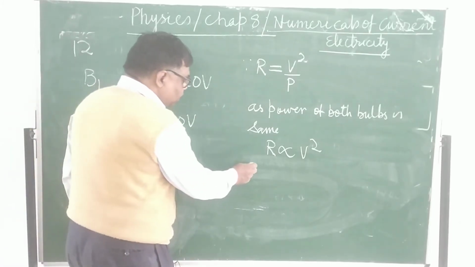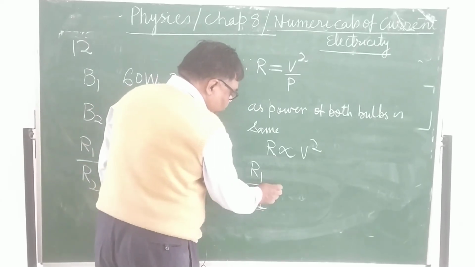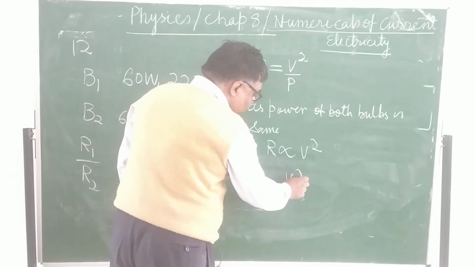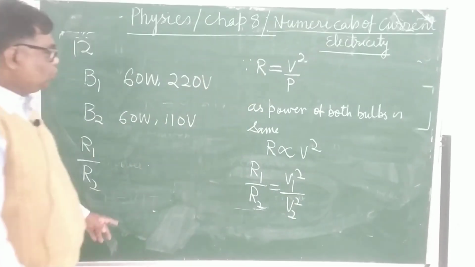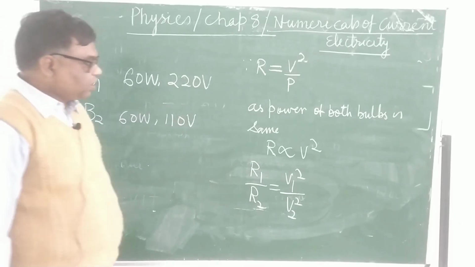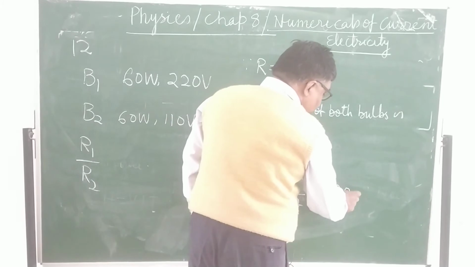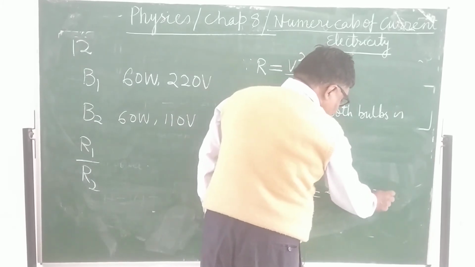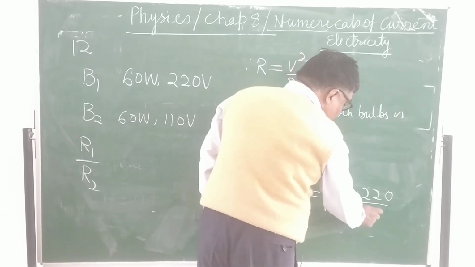So we can write R1 upon R2 equals V1 square upon V2 square. Substituting the values, it is 220 into 220 upon 110 into 110.